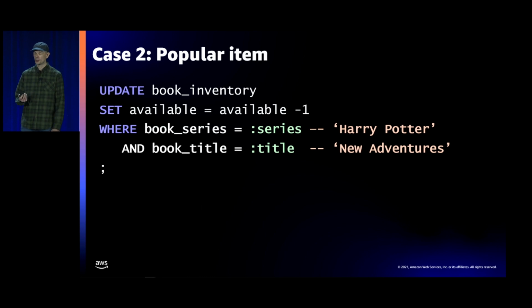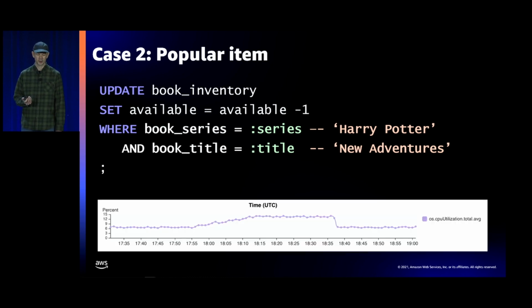Now, lock contention is kind of tricky to recognize by using traditional, say, CPU-based monitoring. For example, as you can see in the chart here, there is a little bit of a spike recorded during the time that the database was having lock issues, but the spike is not nearly high enough to trigger any alarms, right?